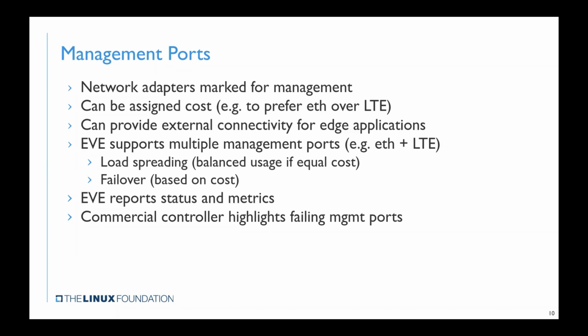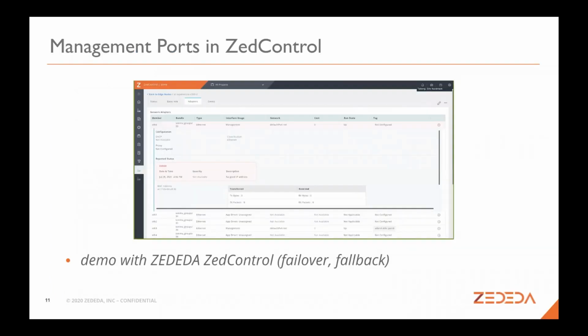And for these management ports, as I mentioned, they are periodically tested. So we have all this information if we have the connectivity, and all this information, including metrics, is reported by EOS to the controller. And the commercial controller highlights management ports which are in a failing state, like can be seen in this screenshot.